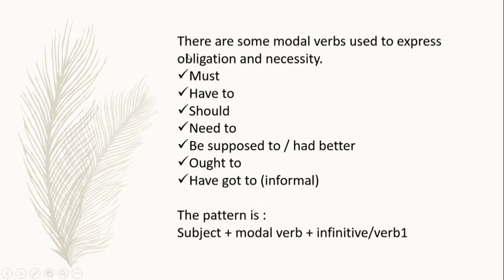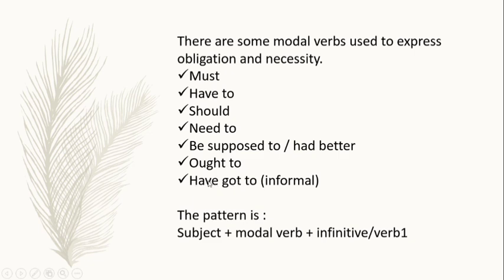Not only have to, had to, must, and should are used to express obligation in English. There are some modal verbs that can be used to express obligation and necessity in English. The first, we have must, have to, should, need to, be supposed to or had better, ought to, and have got to.